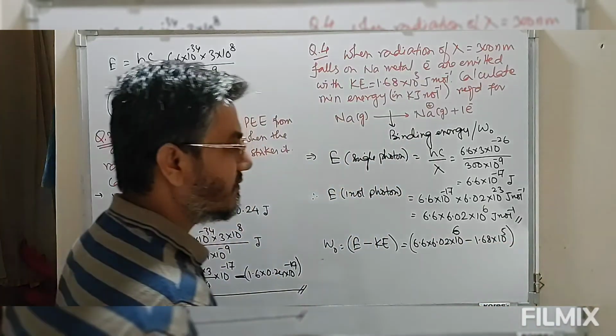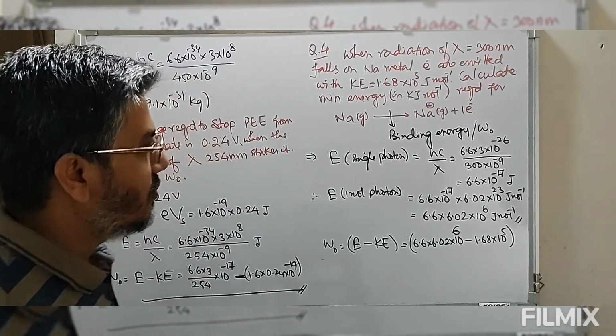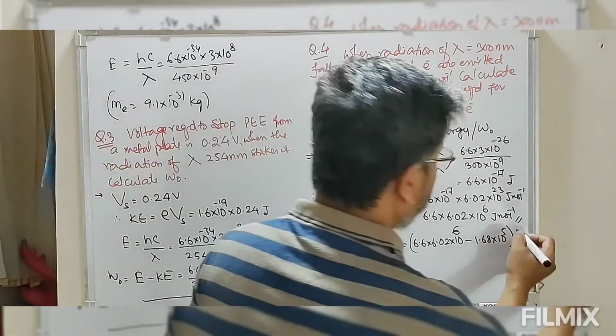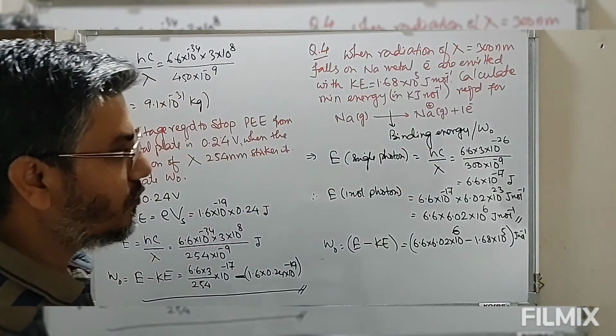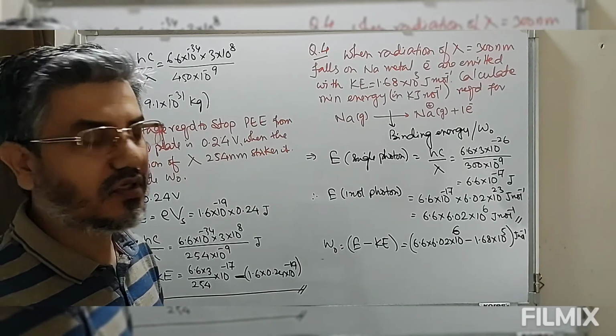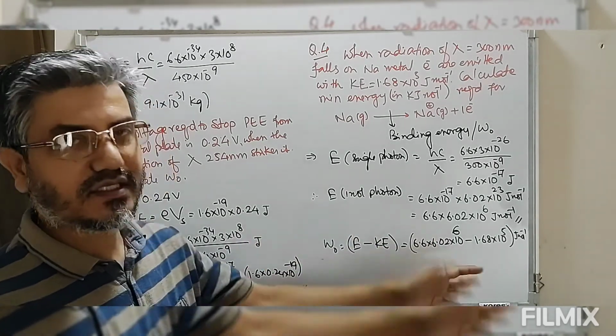So this energy must be in terms of joule per mole. Now we have to convert this into kilojoule. So once we have this, we can easily convert into kilojoule.